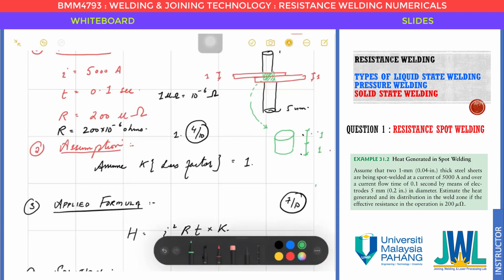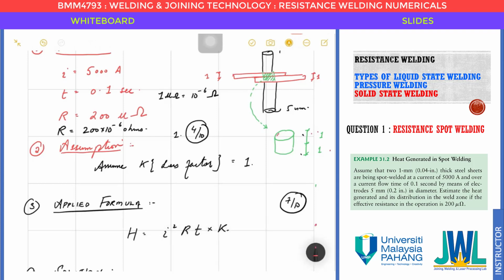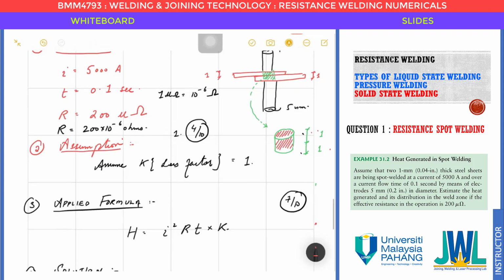This is the welded area. So we need to calculate the volume of this cylinder.